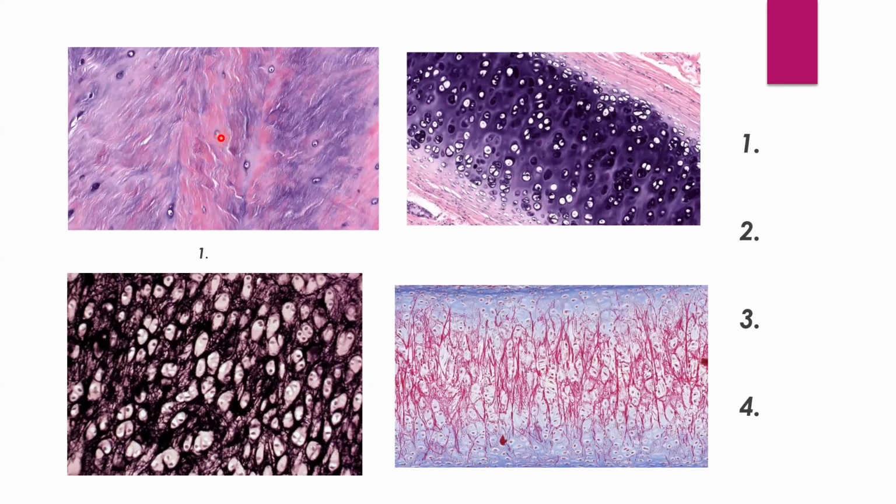Does it undergo calcification? Not majorly. The one that undergoes calcification majorly is hyaline cartilage, but this one will undergo some bit of calcification during bone repair. So that's a summary on fibrocartilage.